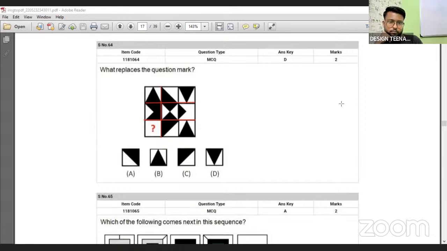Yeah, Shakti, you have a different explanation. Please go ahead. If we remove the second row, okay, what happens? It is symmetric, sir.